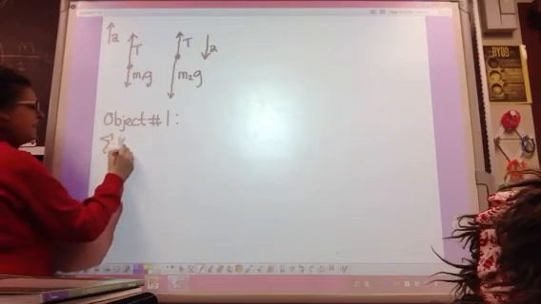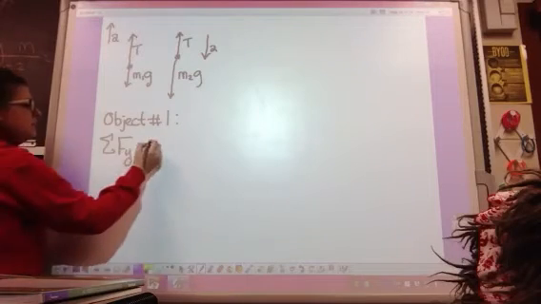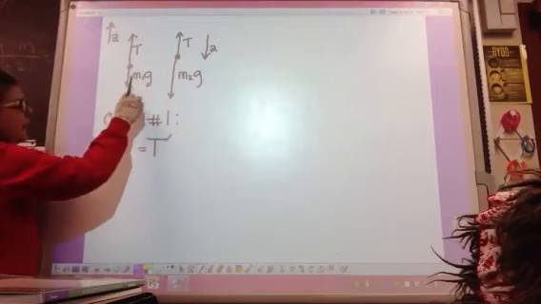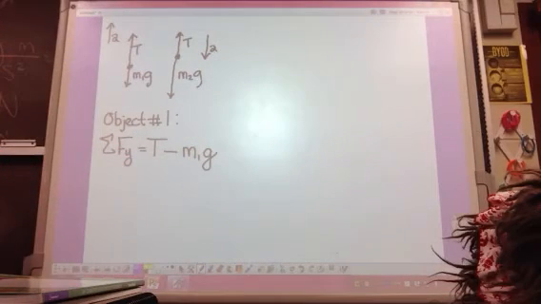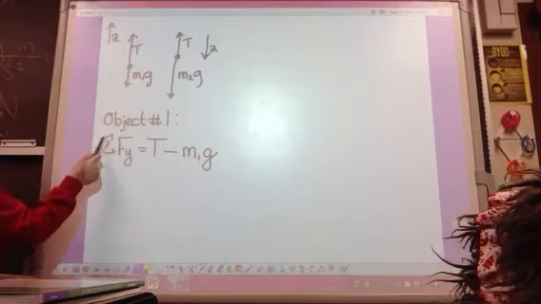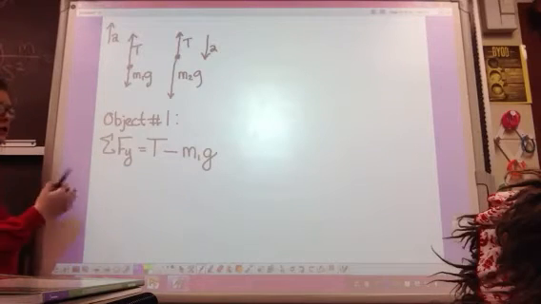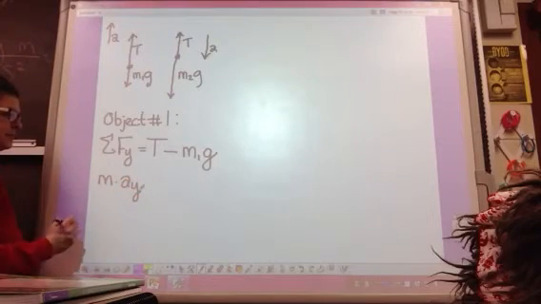I know that the net force in the y direction would be tension minus the weight force, or m1 times g. But since it's accelerating, I know that this wouldn't be equal to 0, it would be equal to the mass times the acceleration in the y direction.